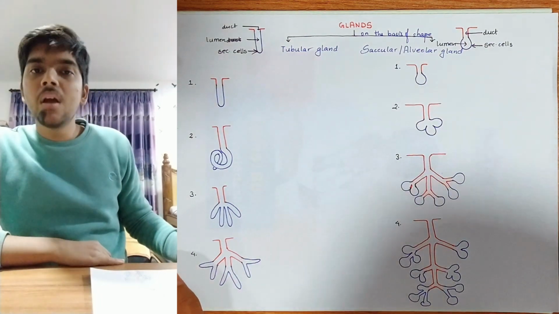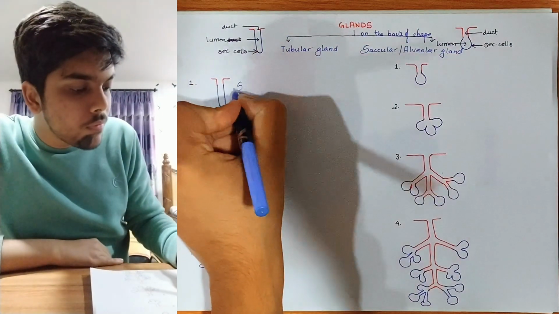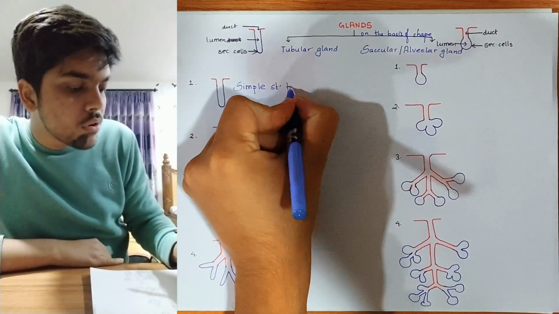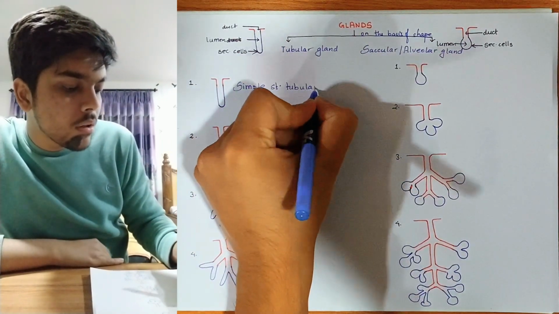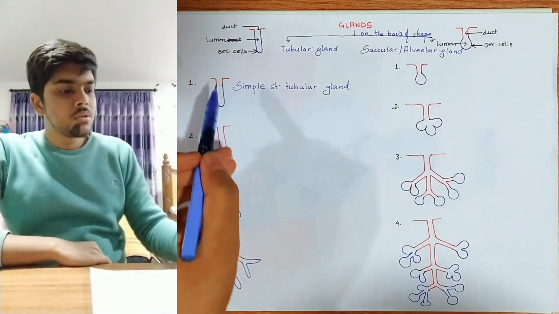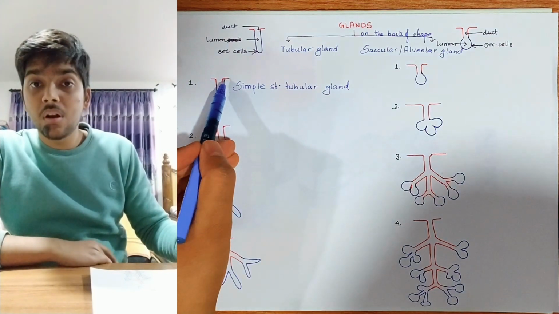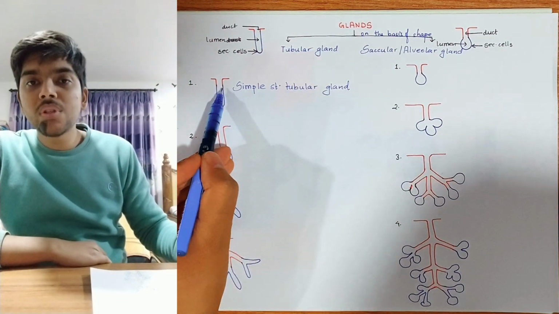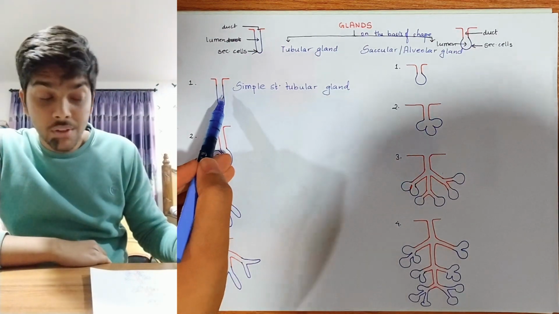So number one, you have simple straight tubular gland. Let's break the words. The red portion shows the duct region and the blue portion shows the secretory region.